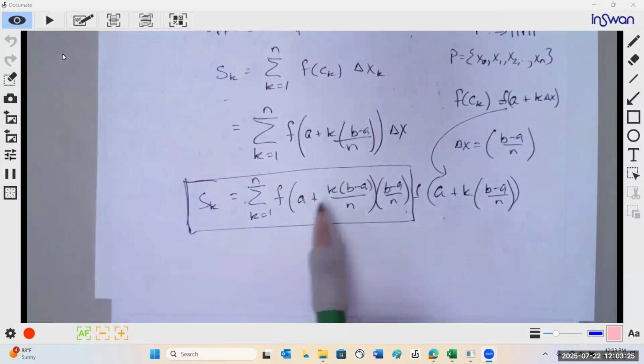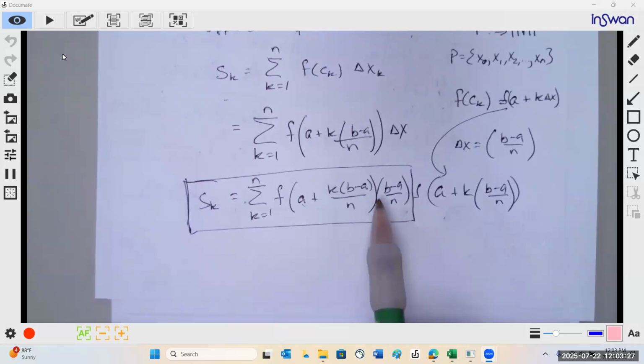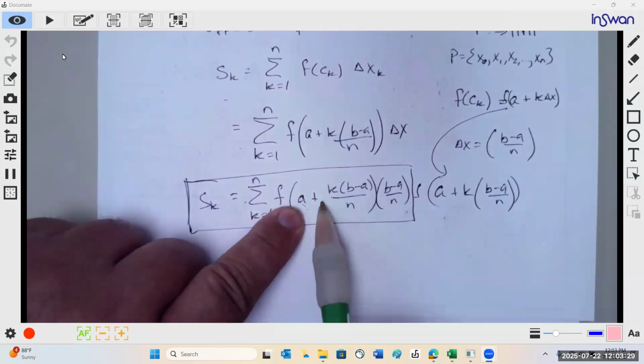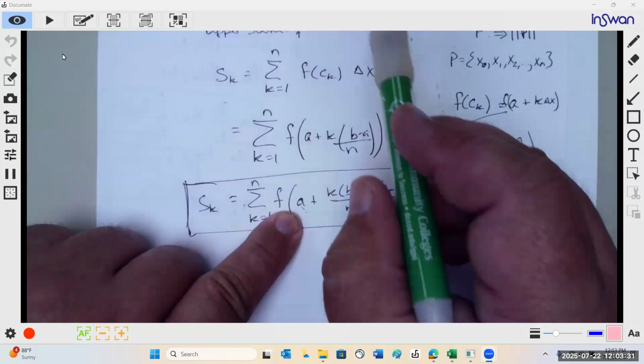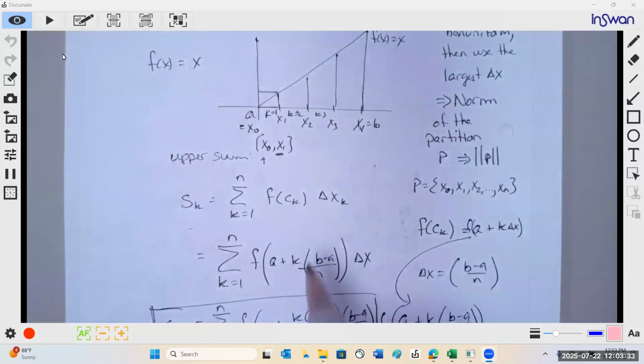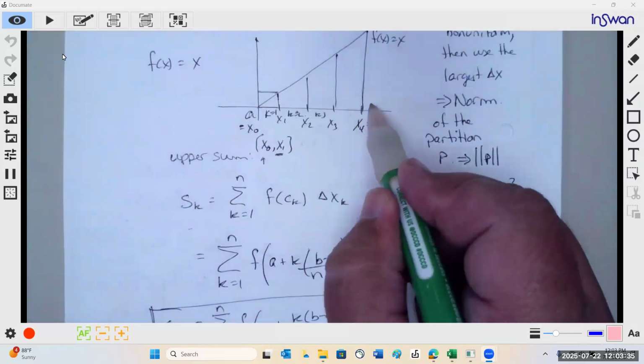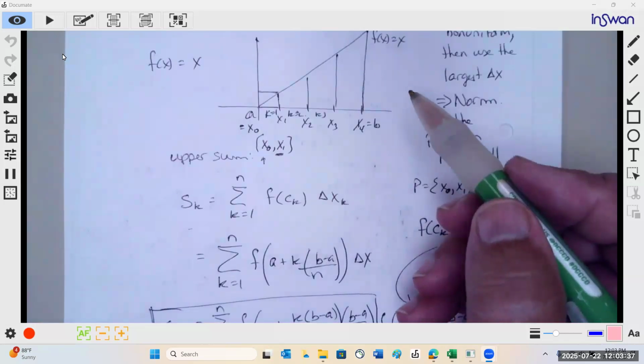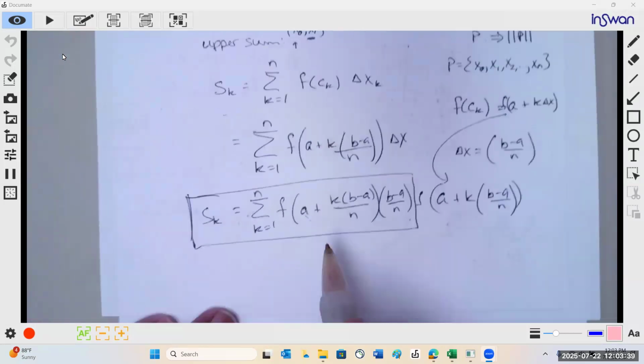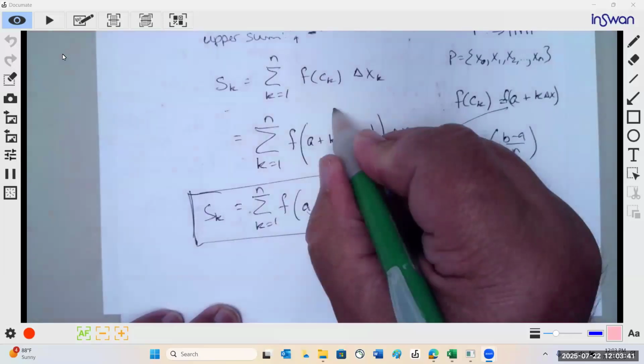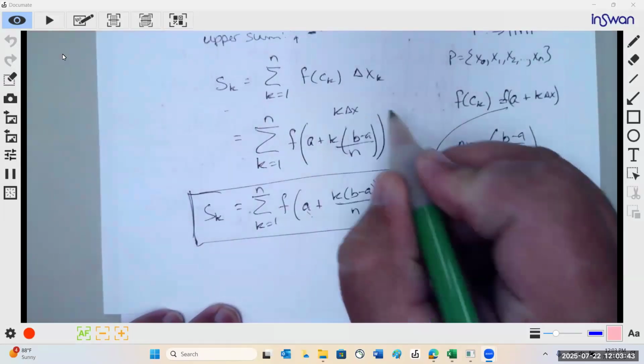Remember, this is for the right endpoint, because we start off with a, and we go to whatever interval we're in, the kth interval of the delta x. What this really looks like is k times delta x.